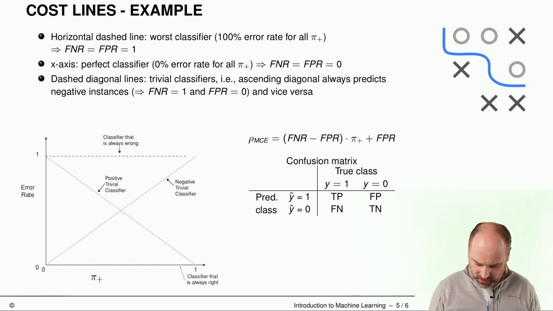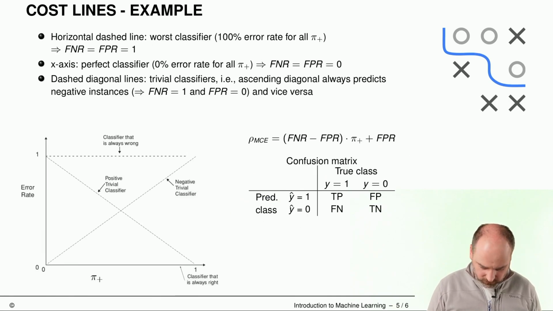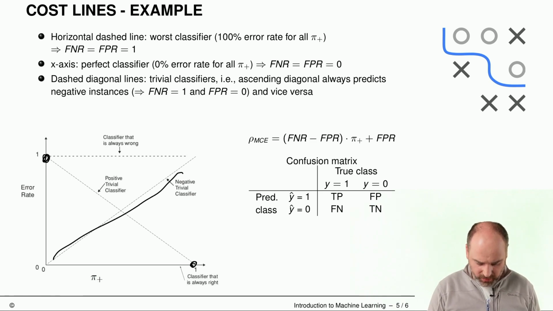So I guess we have to now remember where we need to go. So the false positive rate would be 1 in that case, and 1 minus TPR, which is here, would be 0 in that case. This is for the classifier that always predicts positive classes. And here we have the one that always predicts negative classes.